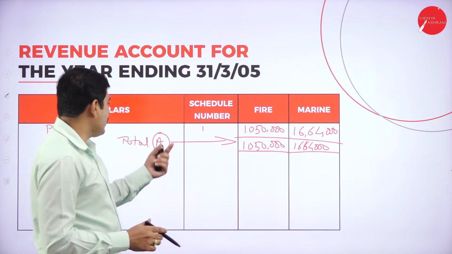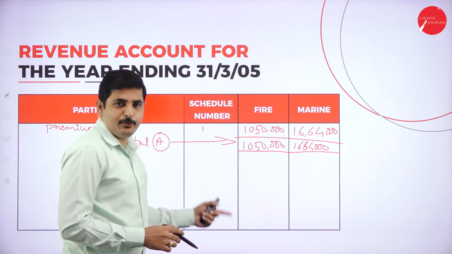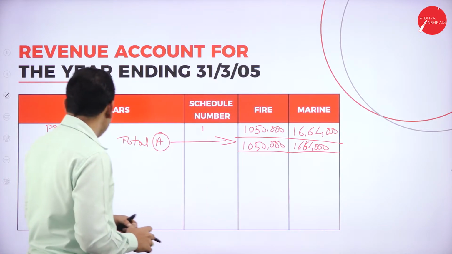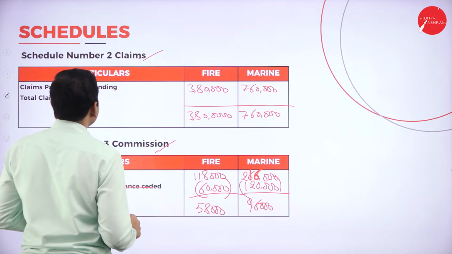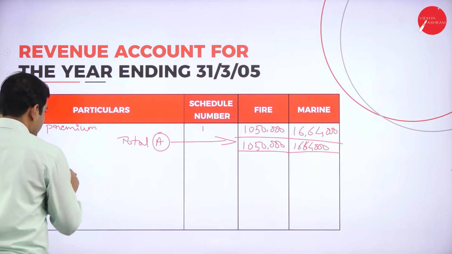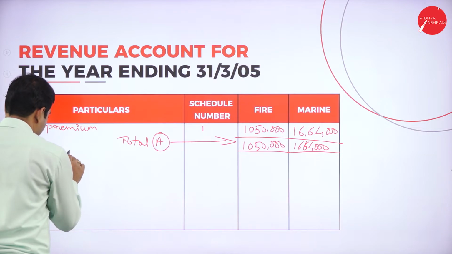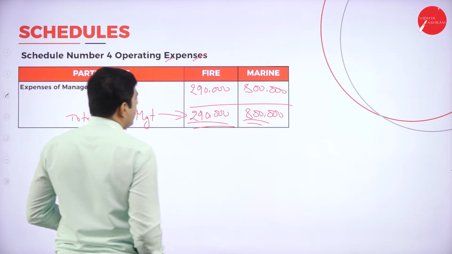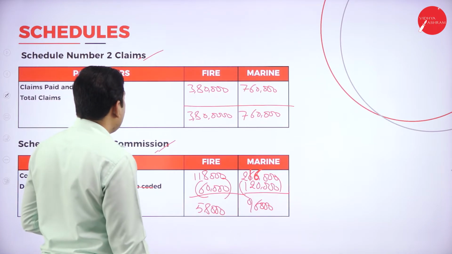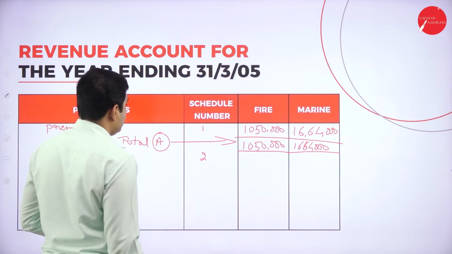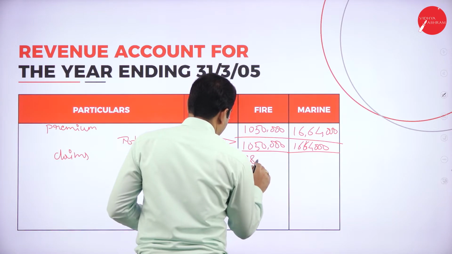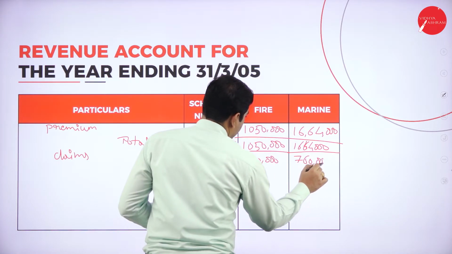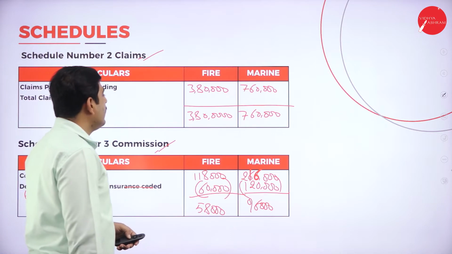What are those? Schedule number 2, schedule number 3, schedule number 4. Add them, and we'll consider it as total B. First one, claims, schedule number 2. The amount of claims is 3 lakh 80,000 and 7 lakh 60,000.